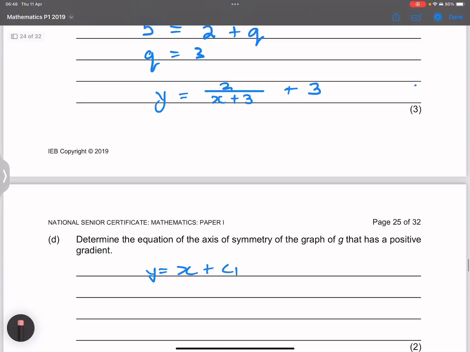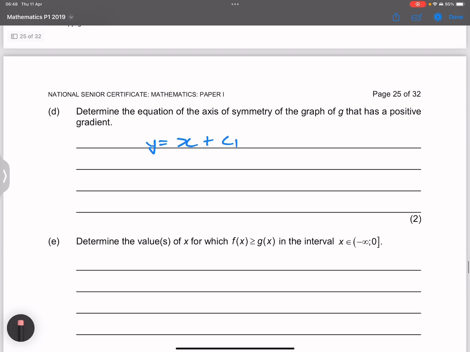So I am simply going to say, when y is 3, x is negative 3, plus c1, taking the 3 to the other side, so c1 would be equal to 6. So that means that axis of symmetry in this case would be y equals x plus 6.